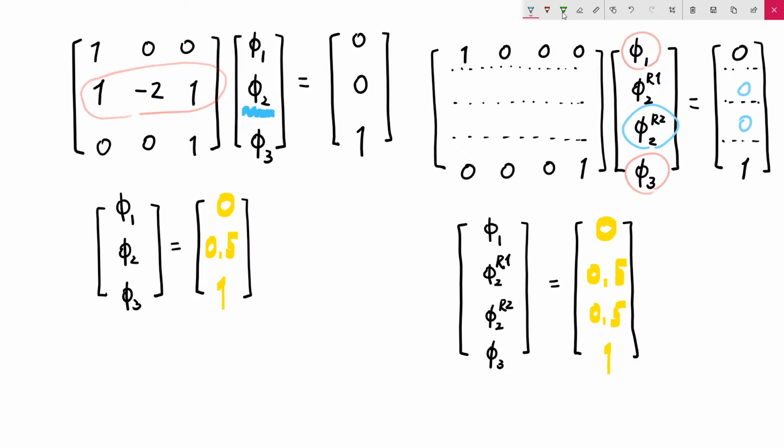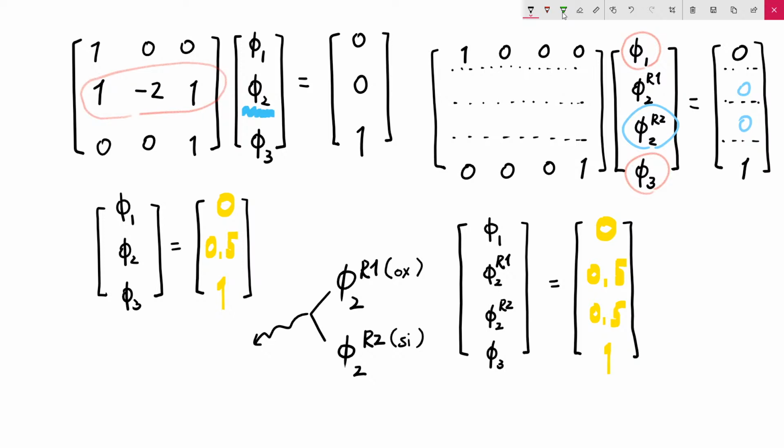Now once again, let's think about these two points. Phi 2 R1 and phi 2 R2. Which one is more representative? Please note that this R1 is oxide and this one is silicon. For the source-free Poisson equation, they are treated on an equal basis.